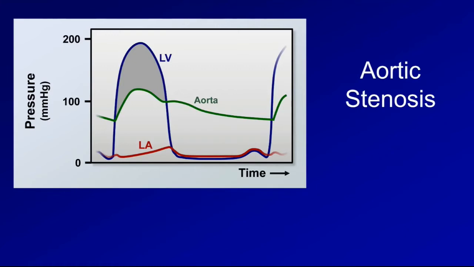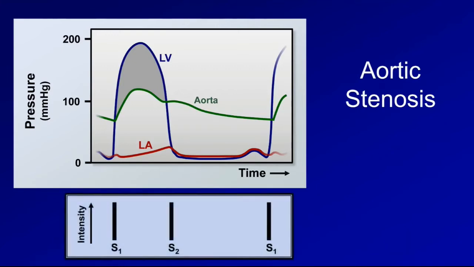Let's superimpose some heart sounds. Here's S1 occurring at the onset of systole and ventricular contraction, and S2 occurring at the onset of diastole and ventricular relaxation. You can see that early during systole, there is a relatively small pressure differential between the LV and the aorta. At mid-systole, the pressure gradient is much higher.